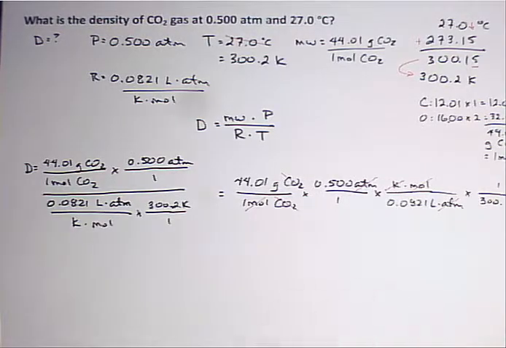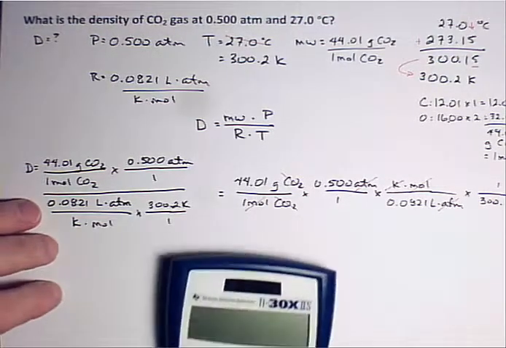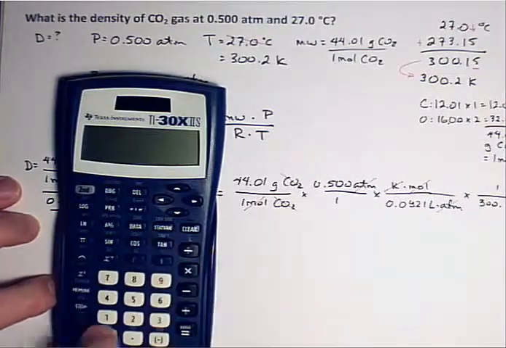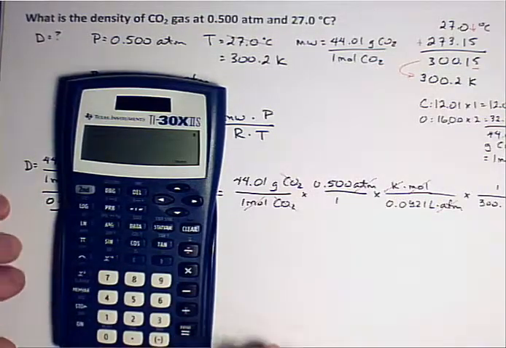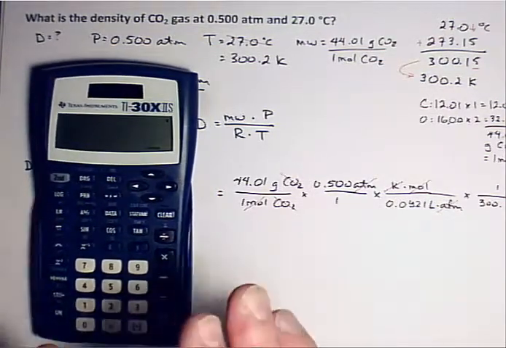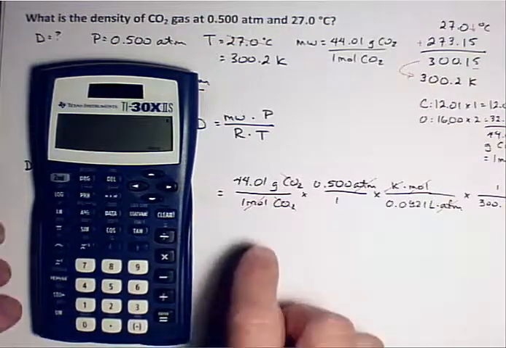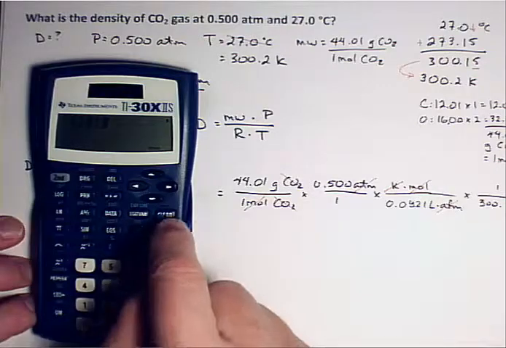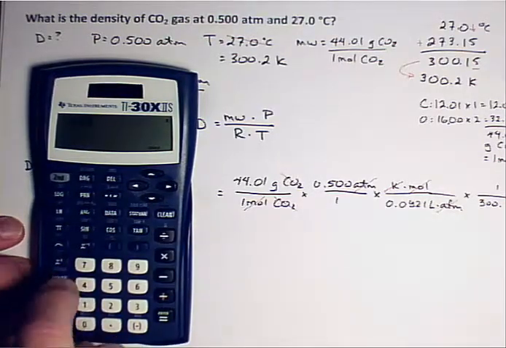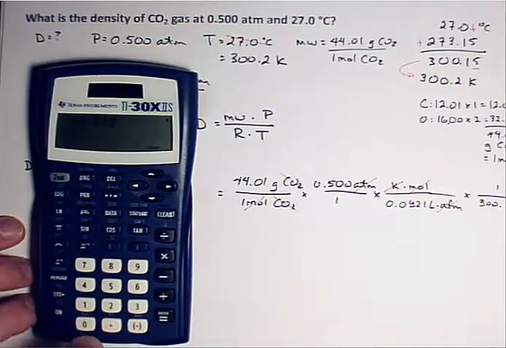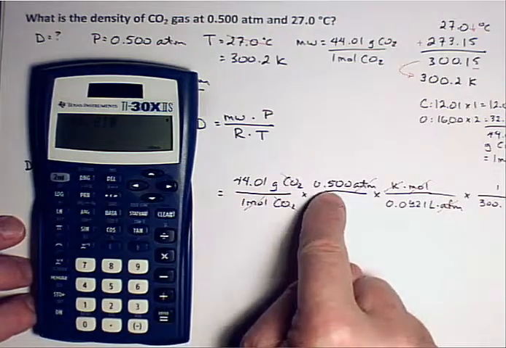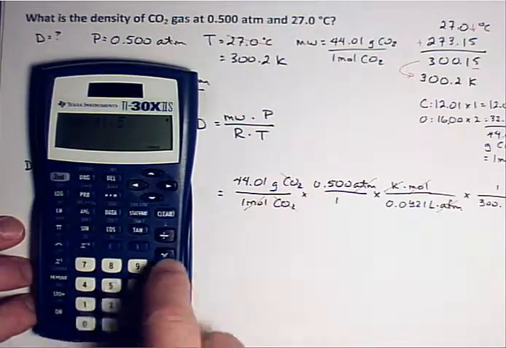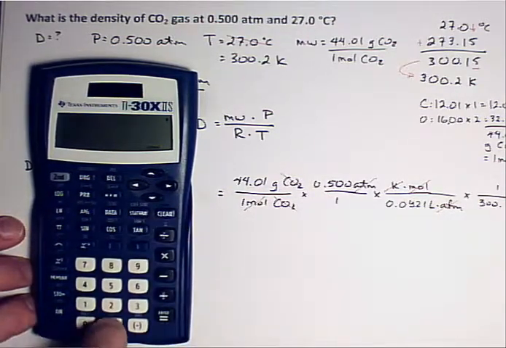All right. So now we're just ready to plug in all the values into a calculator, and I've got my little simple calculator. You can use any calculator, but I'm just using this to show that any simple scientific calculator will do the same thing. So 44.01 times 0.500.